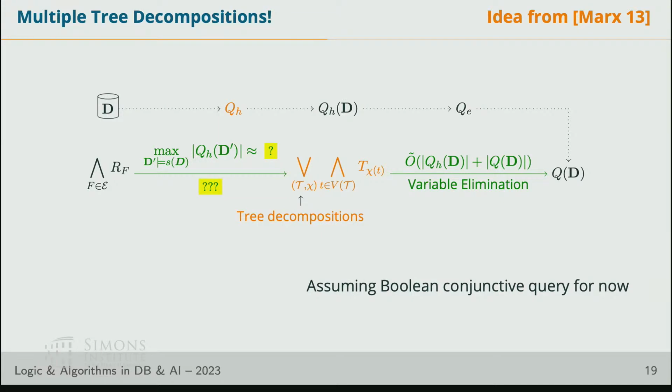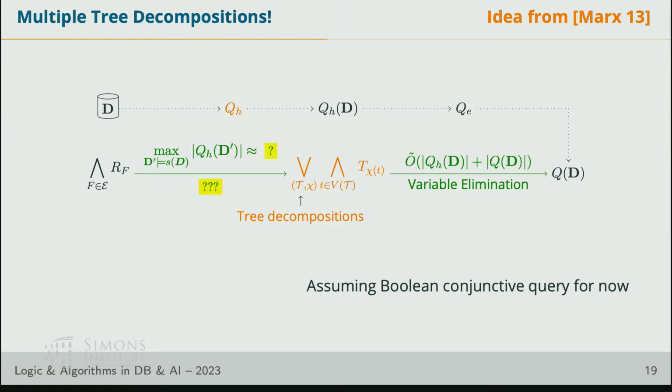But Marx says, why not choose many tree decompositions? There's no reason for us to choose just one. So this is now a disjunction over as many as you want, all of them, for example. Does that reduce the size of the intermediate representation somehow?